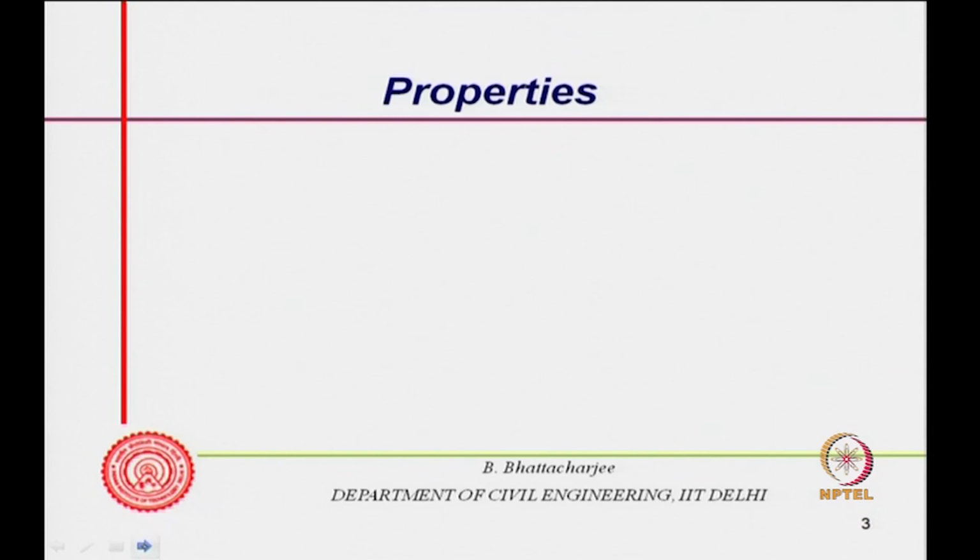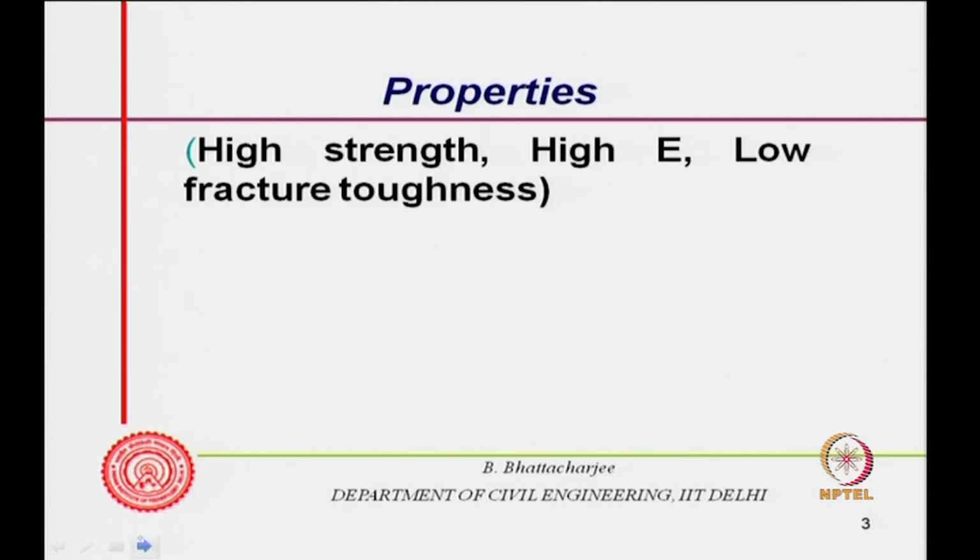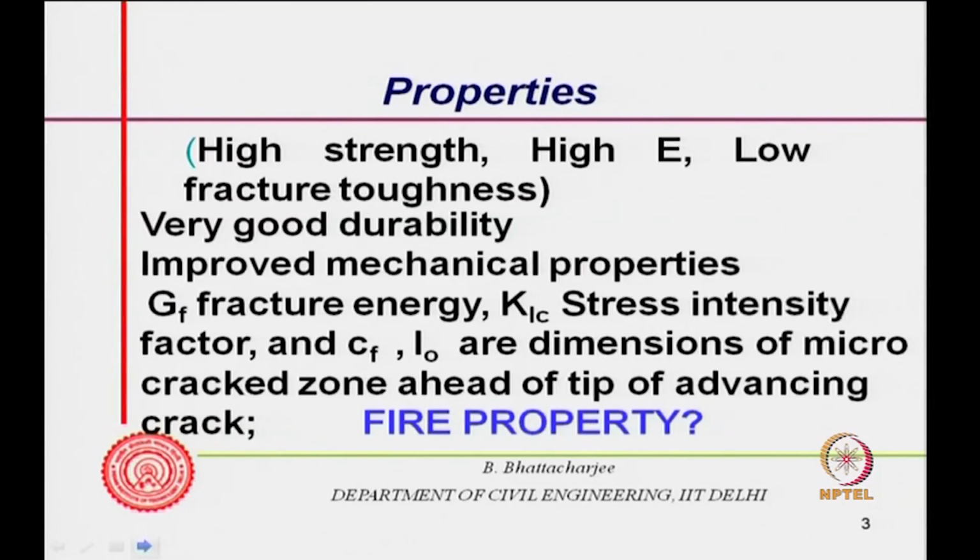If you recall, in the last class we said that high strength concrete has high modulus of elasticity and low fracture toughness, because the area under the curve is low. And then it has very good durability by and large, and improved mechanical properties. Fracture energy and stress intensity factor are better, but not proportionally better.